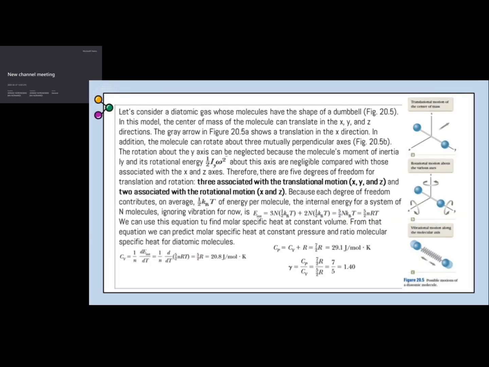So there are 5 degrees of freedom for translation and rotation: 3 associated with the translational motion and 2 associated with the rotational motion.